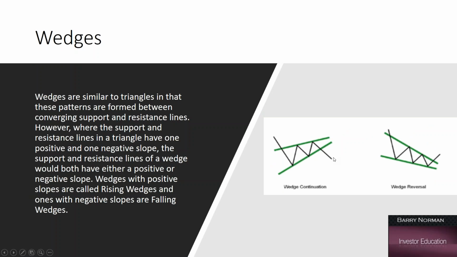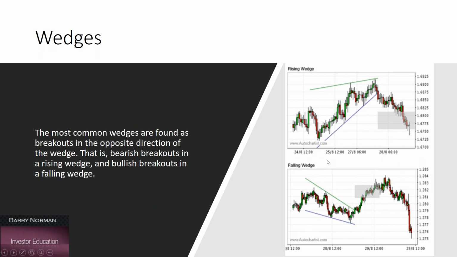So going up, you have what's called a continuation wedge, and a continuation wedge is very similar to an ascending triangle. You have a reversal wedge, which is very similar to a descending triangle. The most common wedges are found as breakouts in the opposite direction of the wedge. That is bearish breakouts in a rising wedge and bullish breakouts in a falling wedge.